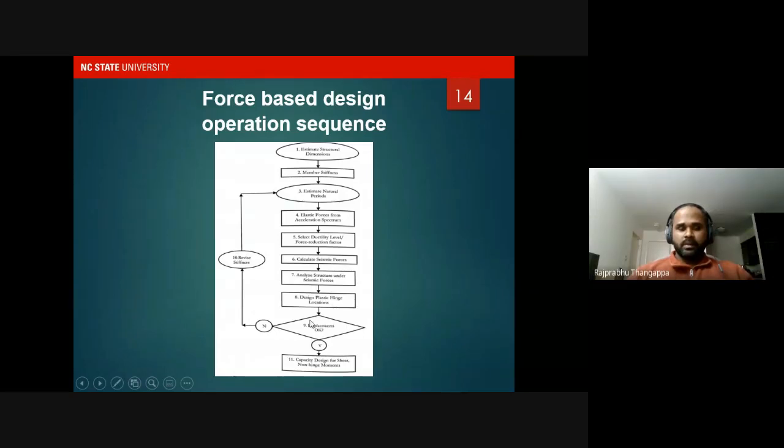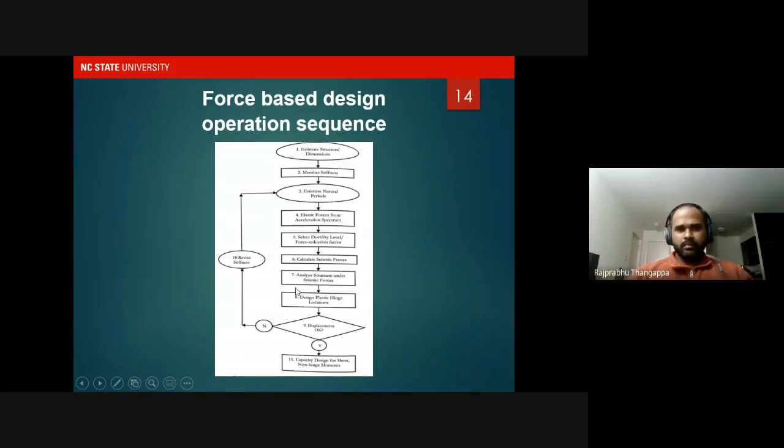And if the displacements measured are within the limits, we would continue to perform the capacity design for shear and non-hinge moments. And if it is not okay, then we would revise the stiffness, and that would ultimately change the fundamental period of vibration, which would impact all the other design steps.